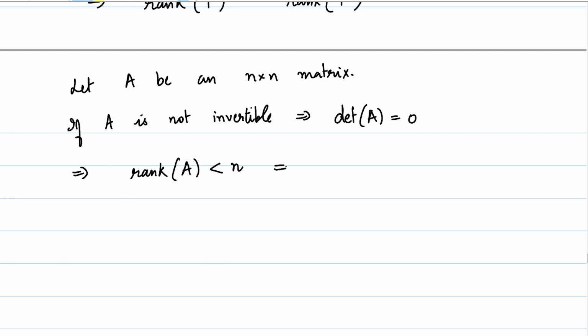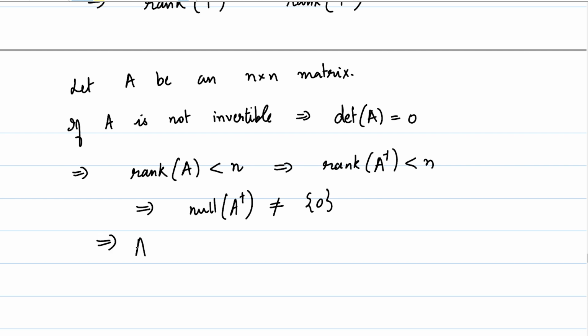And this would imply that rank of A adjoint is less than n because it is equal to the rank of A. This would imply that there is something in the null space of L_A adjoint, which is the null space of the adjoint of A, which will not be the 0 subspace, which implies that A adjoint is not invertible.